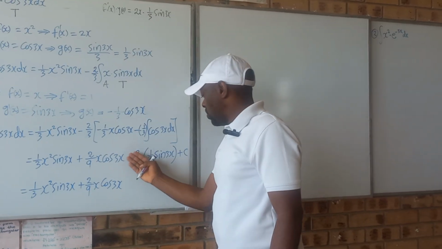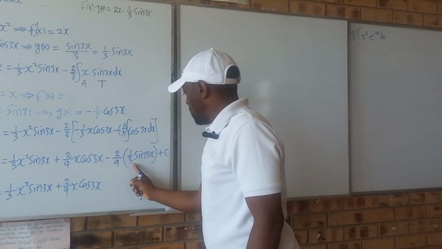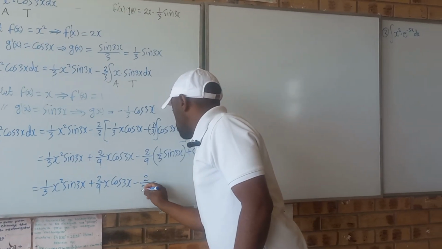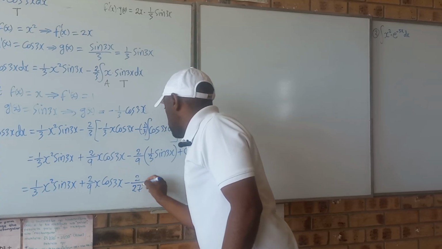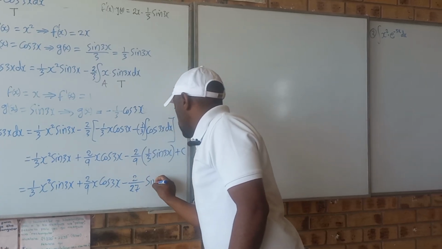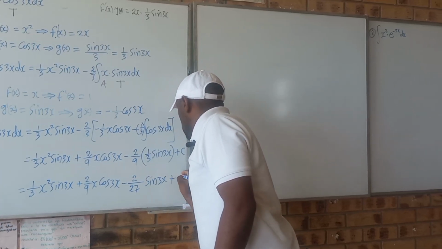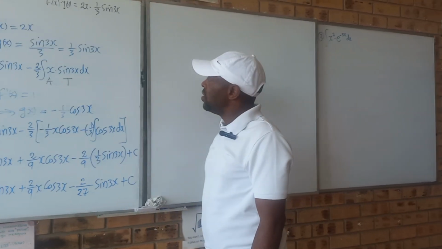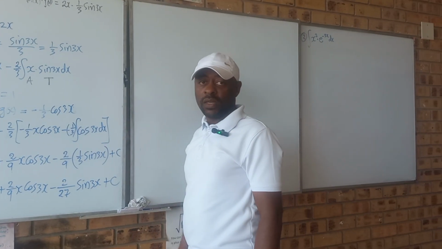Then now if I multiply this part, this negative, and that one will give me negative 2 on 27, since 9 times 3 is 27, sine 3x plus c. So guys, that's how simple it is to integrate a problem like that.